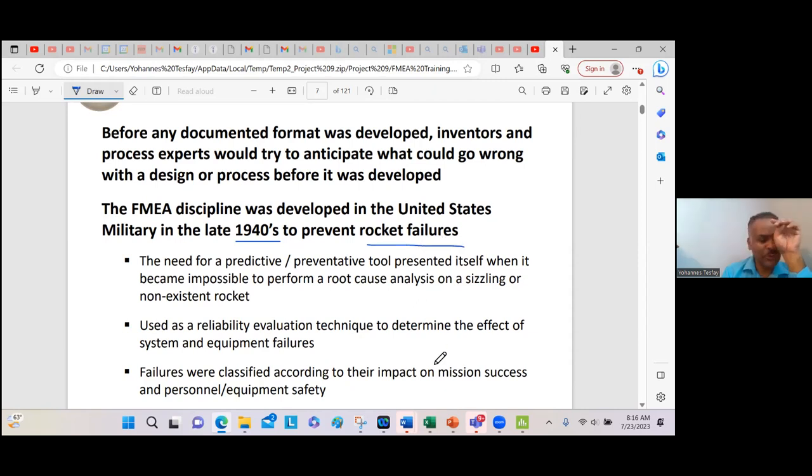I already mentioned it's a very important document in the aerospace industry. This analysis was introduced in the 1940s.